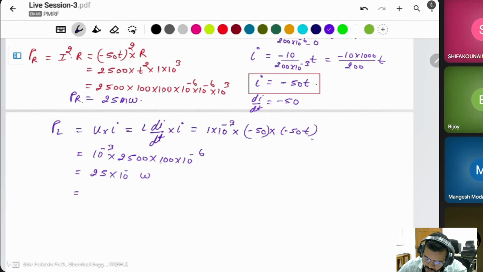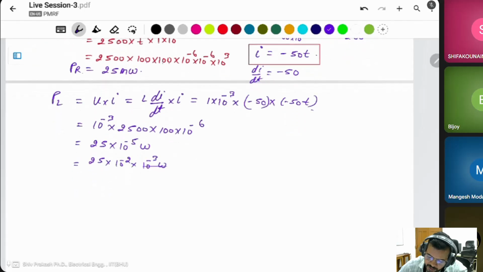This will be 1, 2, 3, 4 zeros, and this will be minus 5, not 9. Sorry. 25 into 10 to the power minus 2 into 10 to the power of minus 3. 10 to the power minus 3 is milli. Then this will be 0.25 milliwatt.